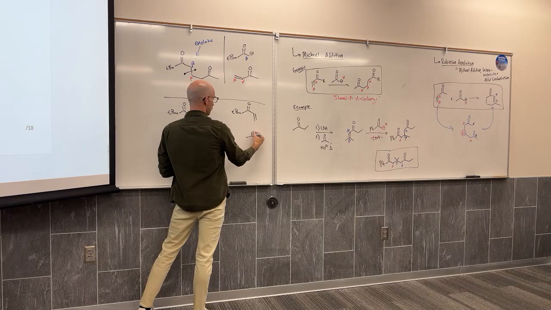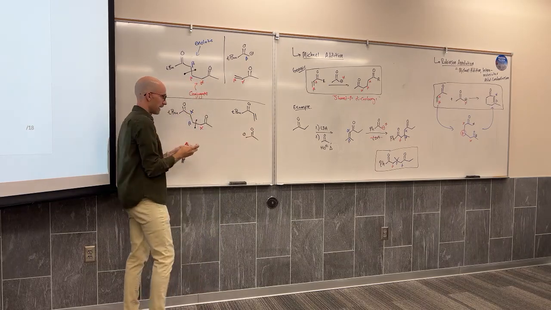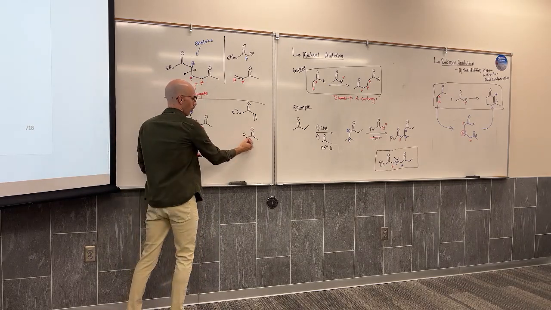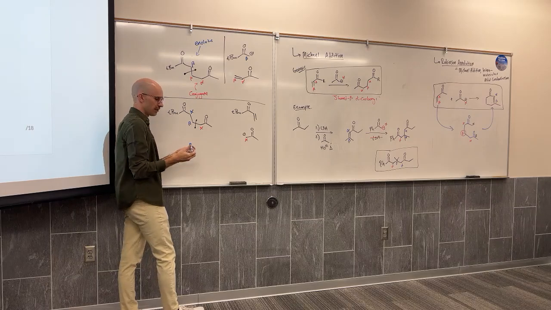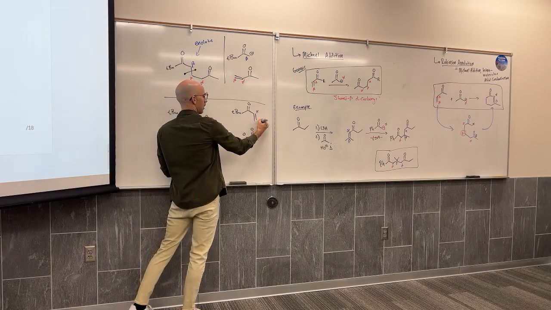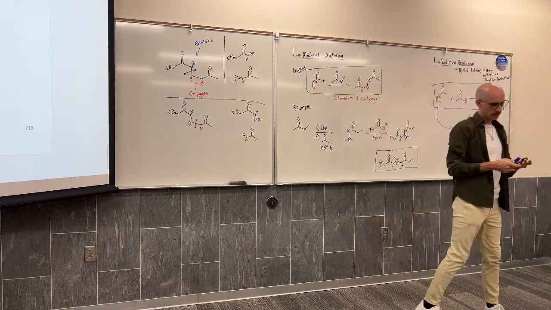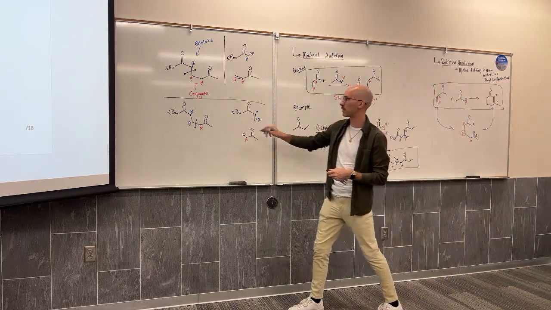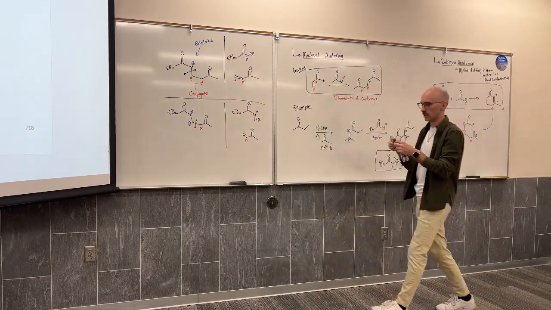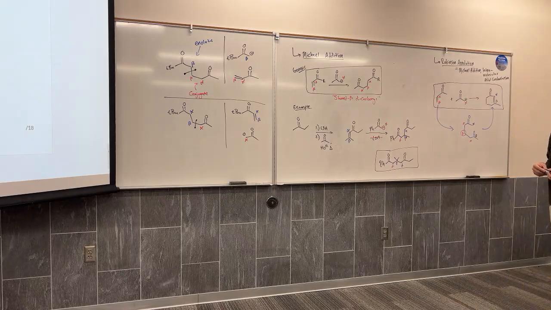Now, in the real world of synthesis, this might actually look like one set of starting materials, super easy to get your hands on, and the other set of starting materials, much harder to get your hands on. So there's an idea of feasibility in the real world here. But on paper, two options. Pick your poison.